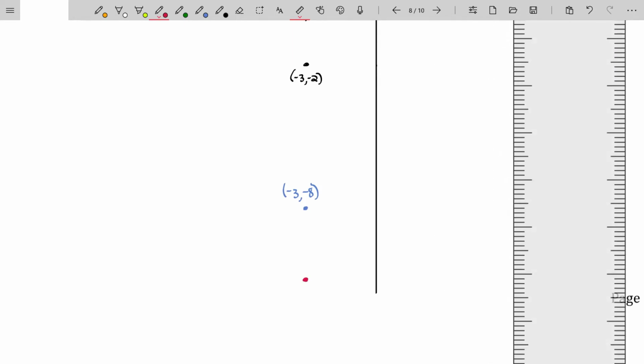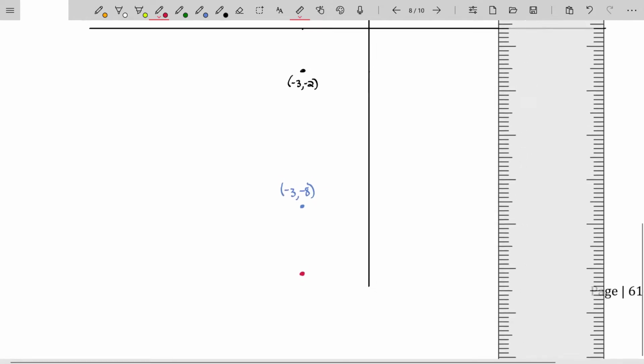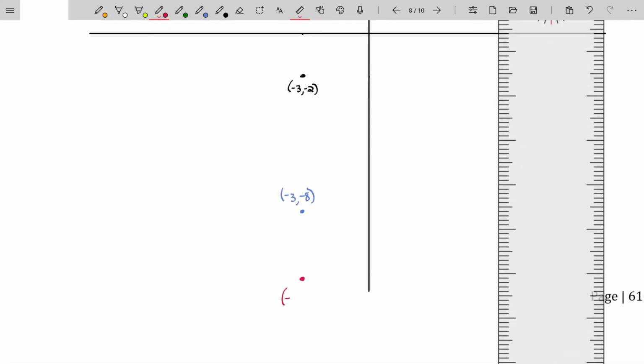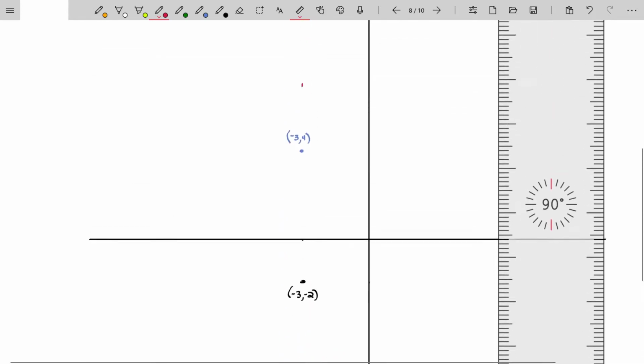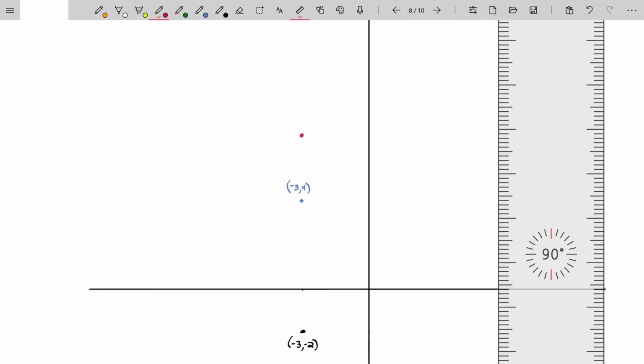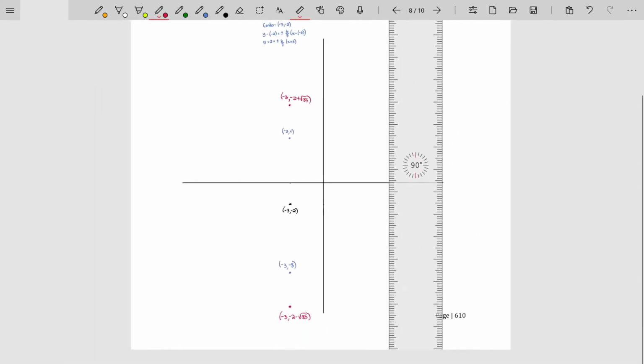So that is roughly root 85 units below. I'm going to label this as -3 comma -2 minus root 85, and the one above is at -3 comma -2 plus root 85. So climb up root 85 units and drop down root 85 units from the center.